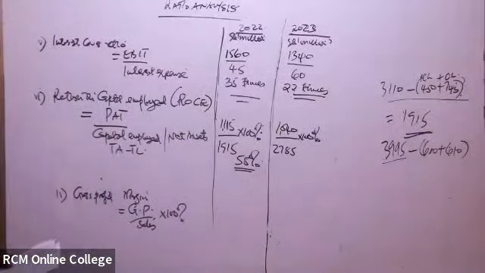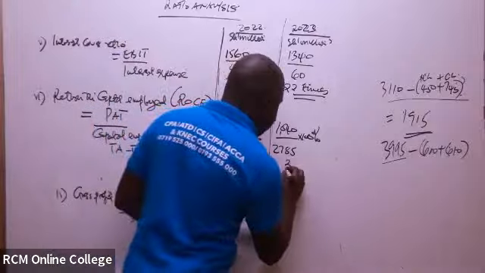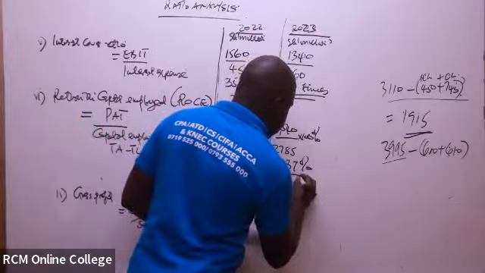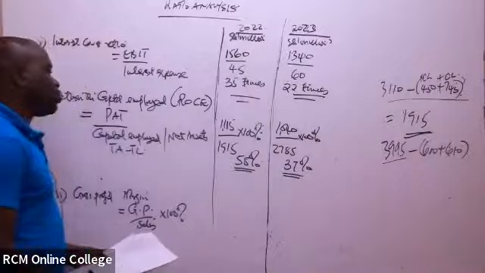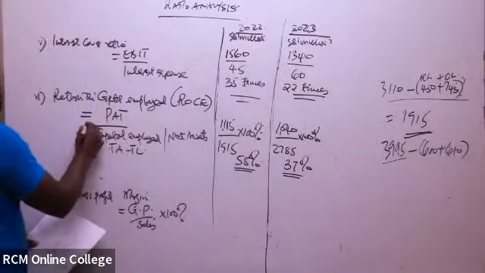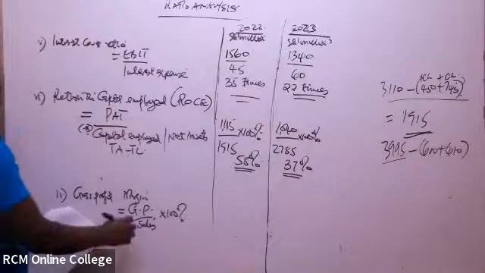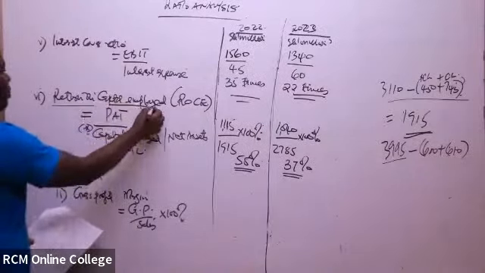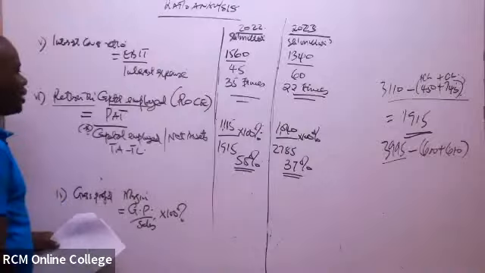What about 2023? It is 37%. So that is the return on capital employed. What is the return you're getting with the capital you injected in? Just from the term itself, it is the return on the capital you've employed.